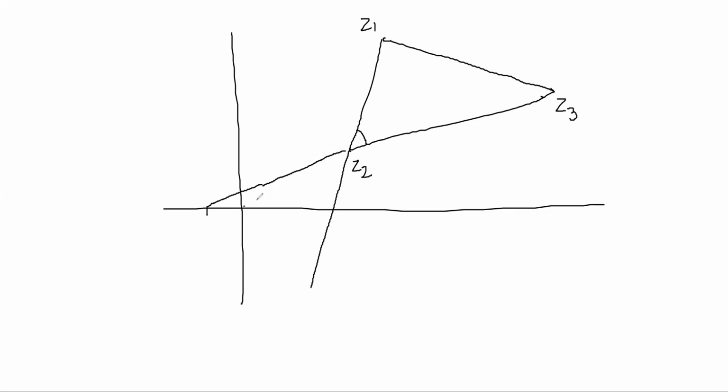The problem is this. So instead of 0, it's like Z2 now, right? One second, I'll just do it differently. I'll just do it by moving the origin.